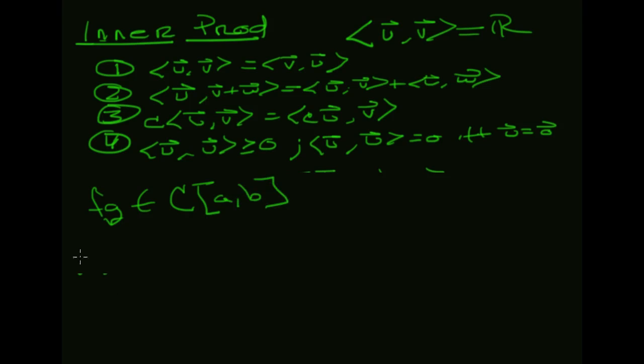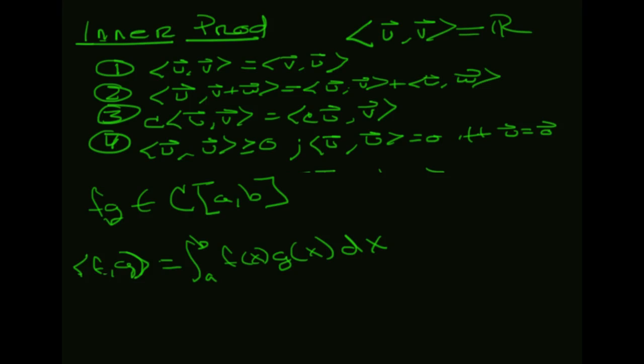The inner product of f and g is going to be the integral from a to b of f of x times g of x dx. If you stop and think about that long enough and hard enough, you're going to see that that's like a continuous kind of dot product over a function.